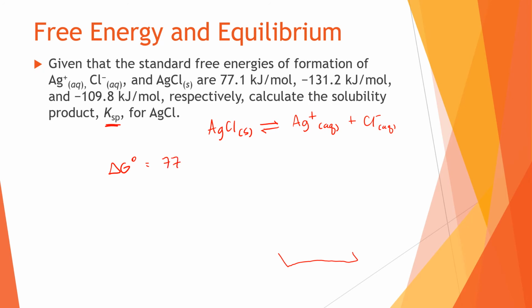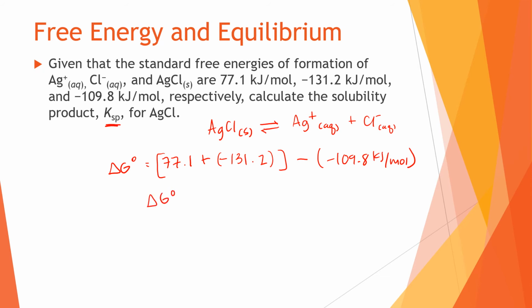So we've got 77.1 plus chlorine is negative 131.2 minus my reactant, which is negative 109.8. All of these are in kilojoules per mole. So when I do that math, I get that delta G is equal to 55.7 kilojoules per mole.